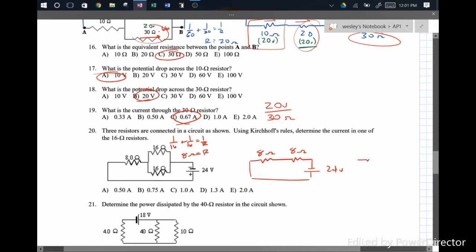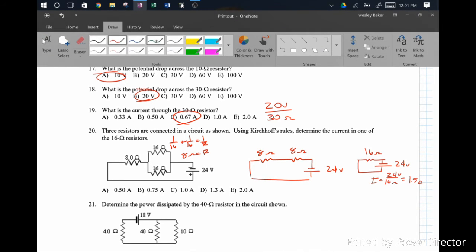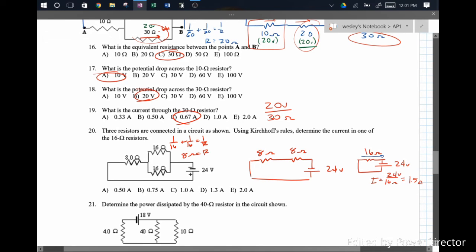So combine those down again, and my total resistance in this circuit is 16 ohms. So I have 16 ohms and 24 volts. The current is 24 volts over 16 ohms. That's 1.5 amps. So in this circuit, we have 1.5 amps running through all 16 ohms.